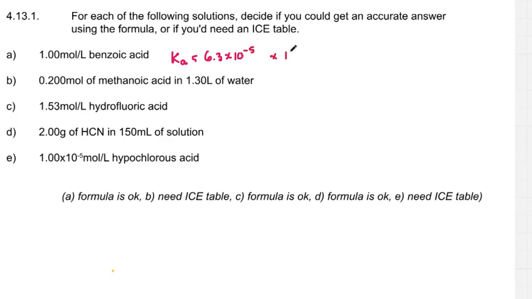You multiply that number by 1,000, which gives you 6.3 times 10 to the minus 2, or 0.063. This is your cutoff.